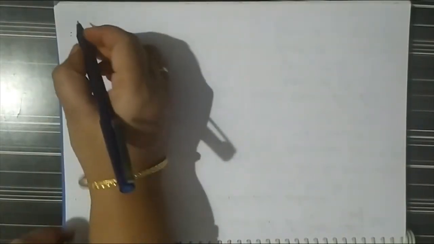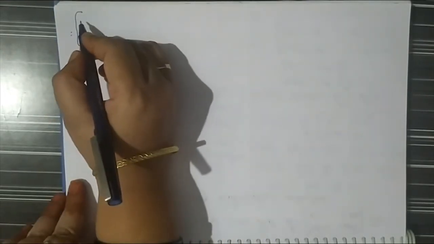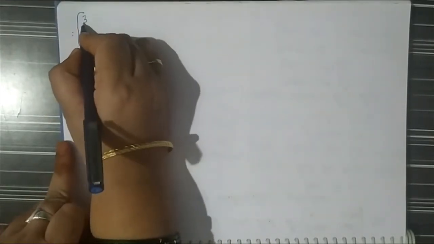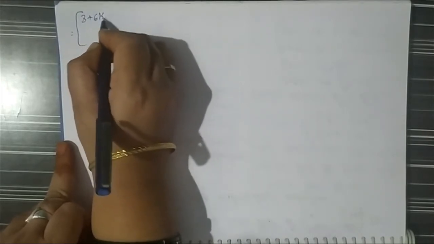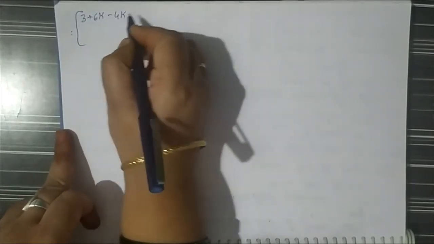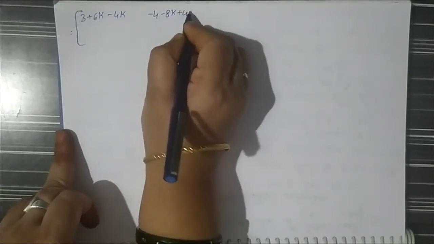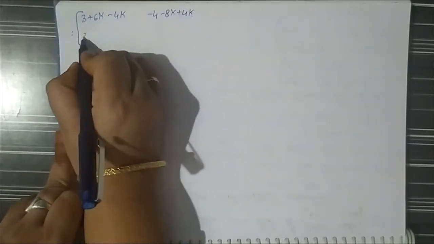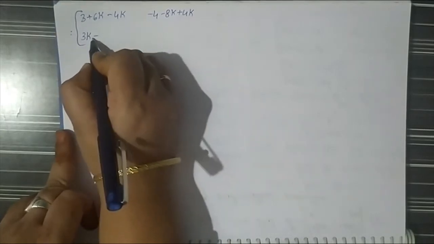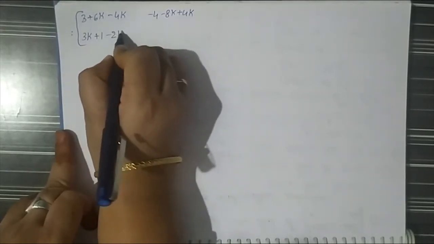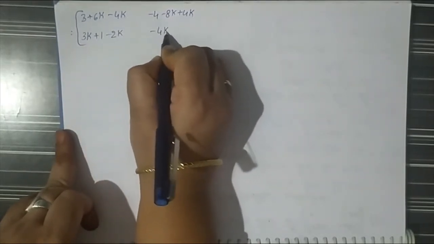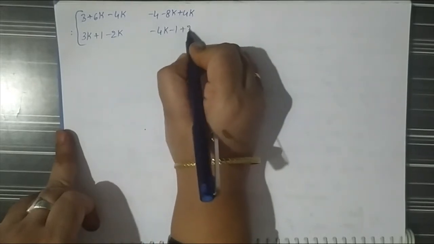Then after multiplication and further calculation, 3 into (1+2k) means 3 plus 6k minus 4k, minus 4 minus 8k plus 4k, 3k plus 1 minus 2k, minus 4k minus 1 plus 2k.